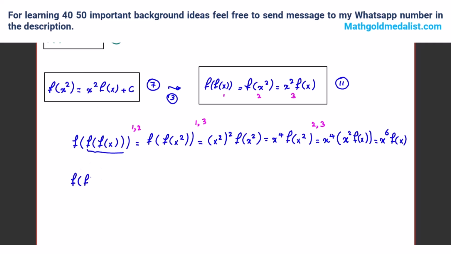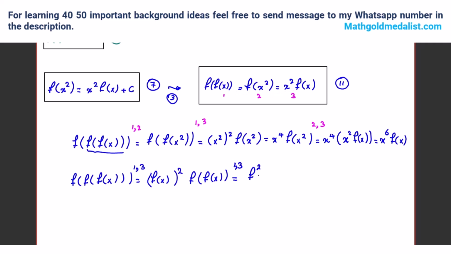We can say f of x. Here you can say, okay, it is f of something. We want to use 1 and 3, okay? So f of something is that thing, which is f of x squared, and f of x. And then for f of x, we want to use this 1 and 3.